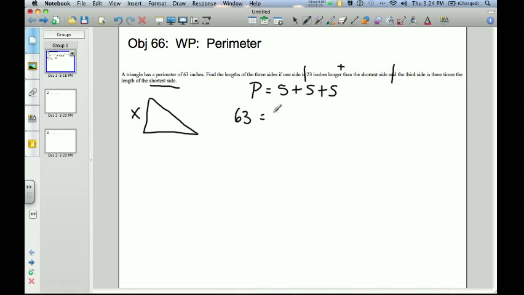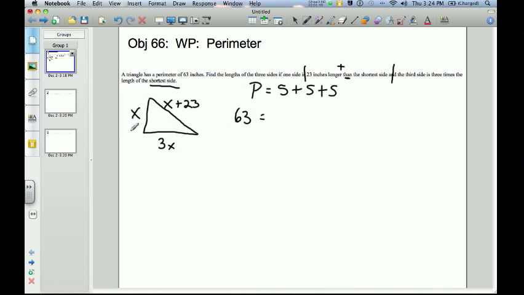So we can write that as, we're going to put that over in the triangle. Longer than, again when we see the word than, we're going to flip it around. So x plus 23, x representing the shortest side. And the last one is, the third side is 3 times the length of the shortest side. So 3 times the shortest side would just be 3x.